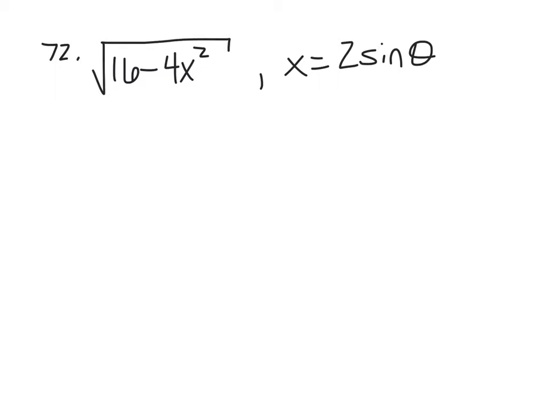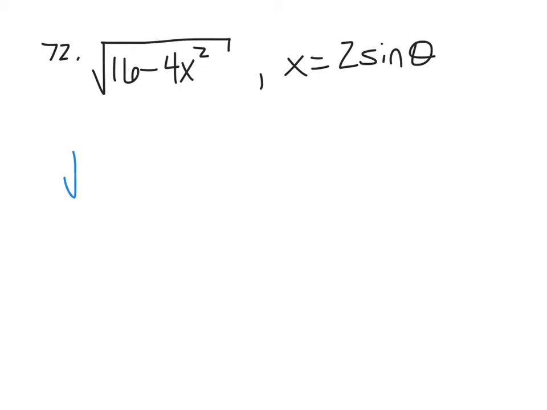It says use the trigonometric substitution, which is that, to write the algebraic expression as a trig function of theta. So, it kind of gives it away in the directions, but you're just substituting in for x, whatever they're giving you.